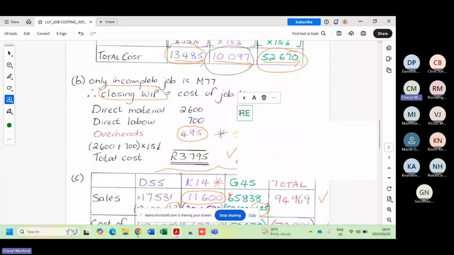My revision exercise 1, very similar to this one. A slightly different take on it, but still very good practice. Question 7.2 from the book, and then my revision exercise 2.